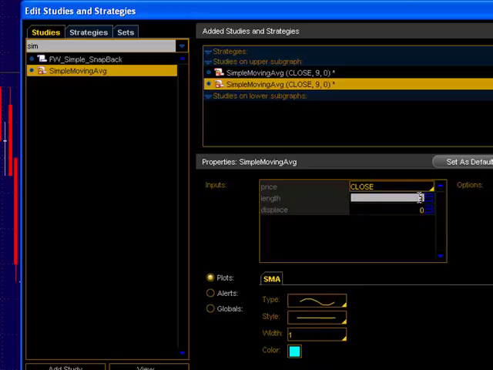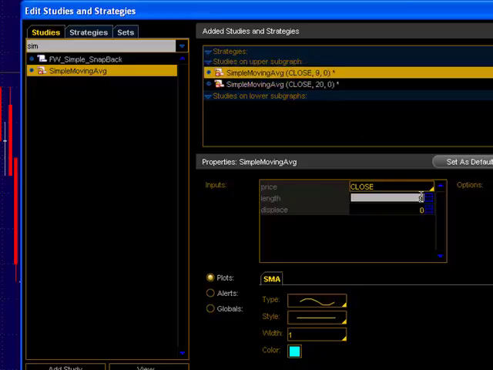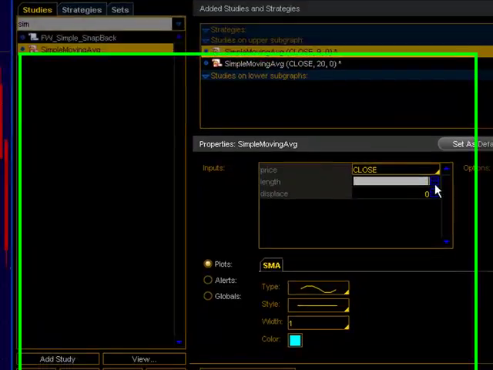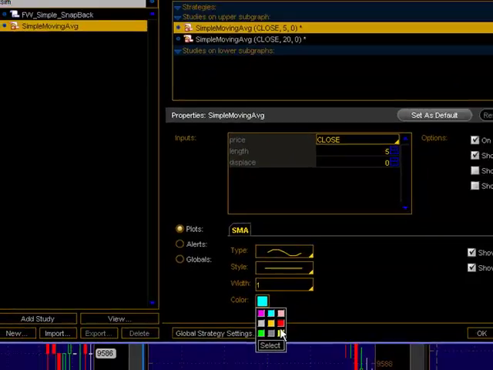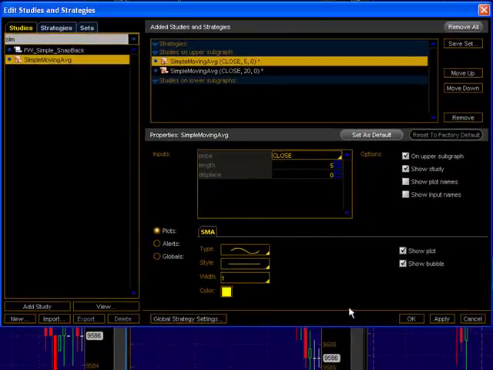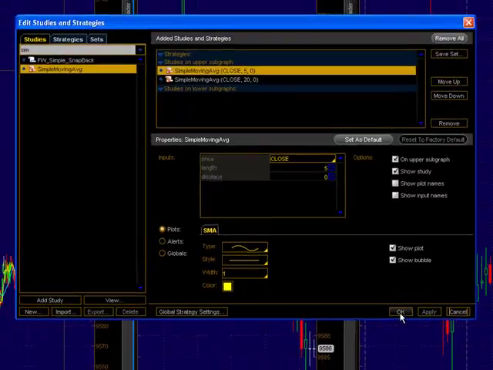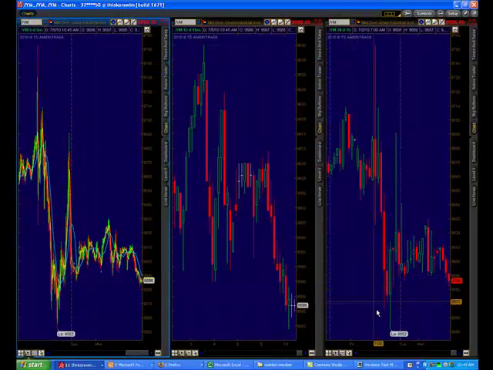Again, we set a 5 and a 20, so I'm going to put a 20 moving average. I'll keep that blue. I'll change this one to a 5 moving average, and then change this to a gold yellow color. And through the magic of technology, I'm going to pause the video so that you don't have to watch me do this on the charts.